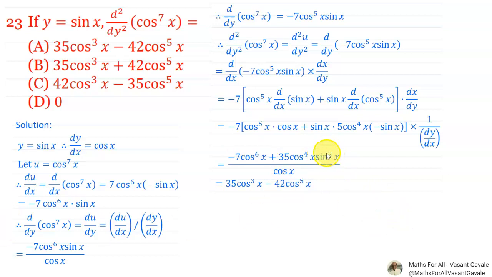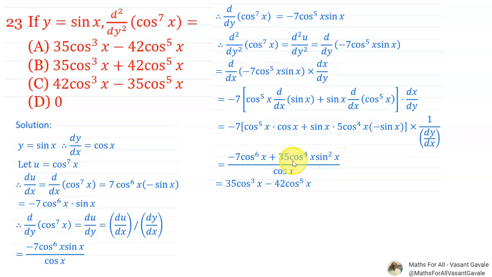या ठिकाणी इथे जर सिम्प्लिफिकेशन तुम्ही केलं, sin square x means what, in bracket 1 minus cos square x. Then you will get here 35 cos of x raised to 4 upon cos of x, and then you will get here 35 cos cube x. Next term किती मिळेल तुम्हाला, that is minus 35 cos of x raised to 4 into cos square x.